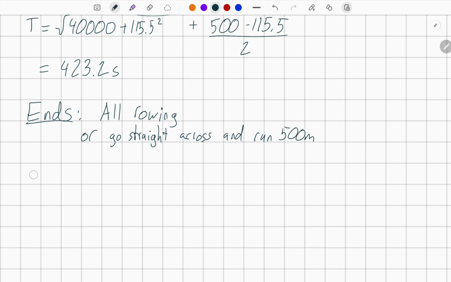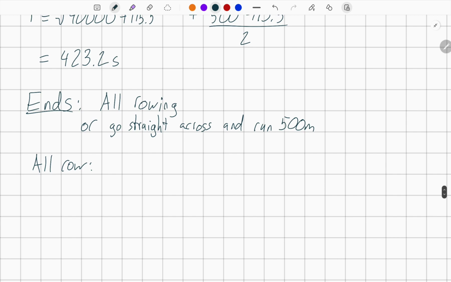So, well, if we're rowing all the way, what is the actual time going to be? Well, we just need to know the distance. So let's figure out the distance. Let's do another little diagram here. So we're going across 200, the river, and 500 meters down. So we just need to do a little bit of Pythagorean theorem to figure out what x would be.